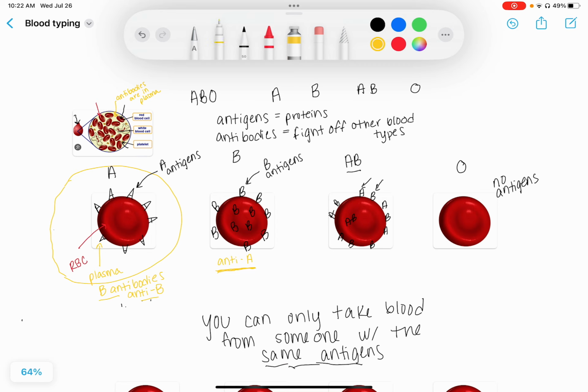And what this means is that AB blood has no antibodies because they can take A and B.